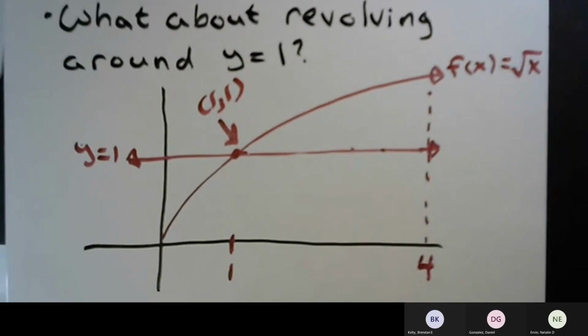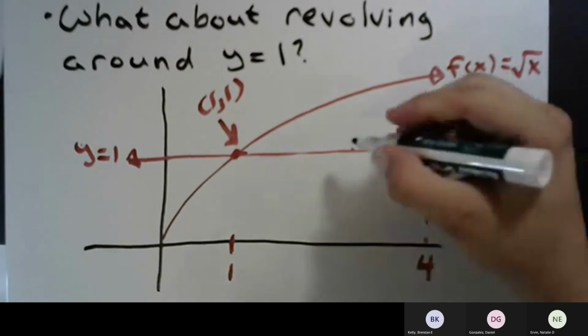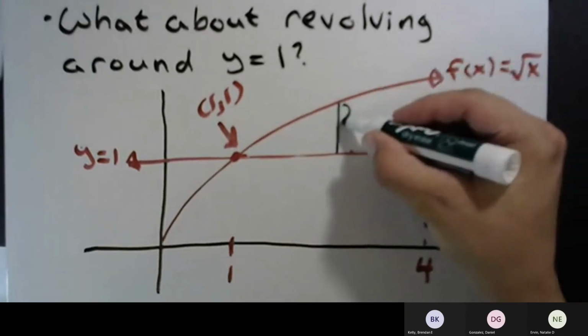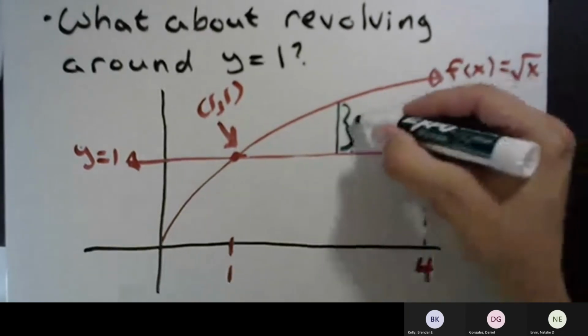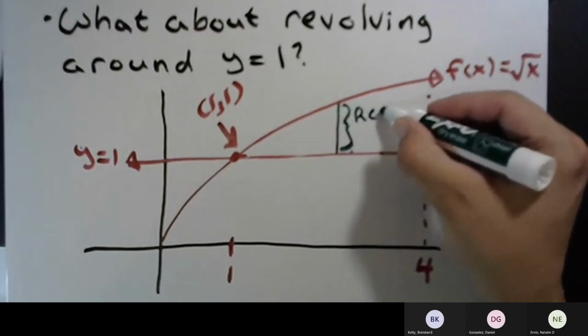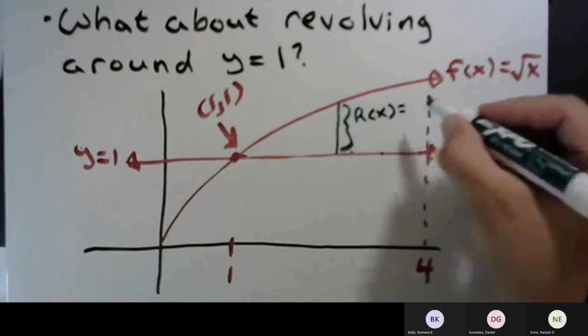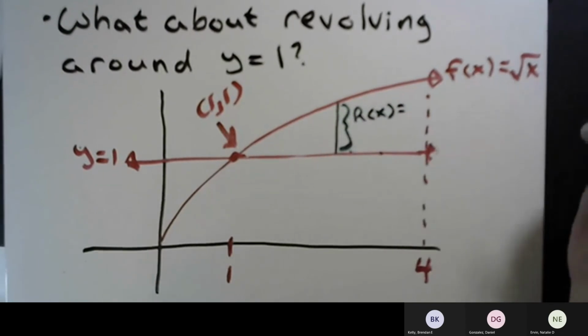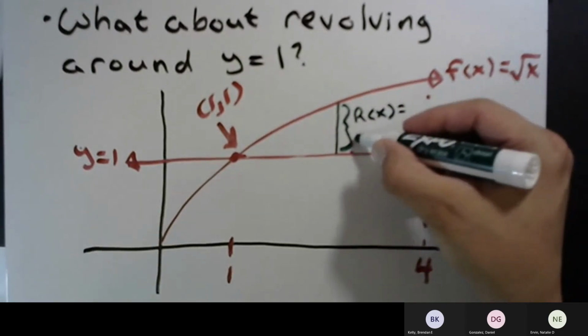So now let's take a look at our radius. What does it do for our radius? Well, now that radius, r of x, is going to be the difference between the top function and the bottom function. That's going to give us that distance.